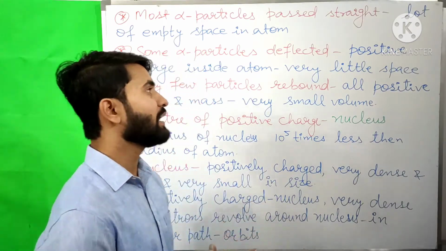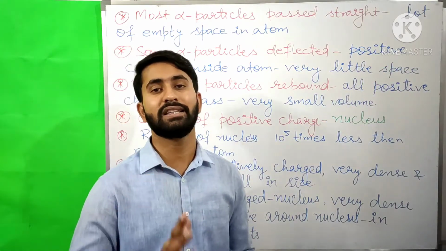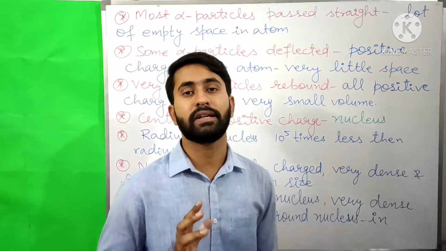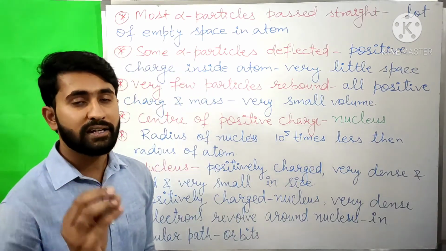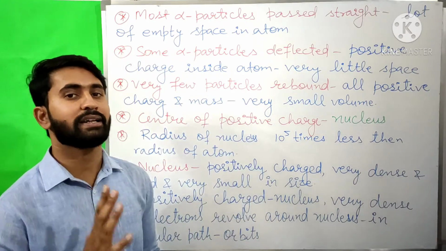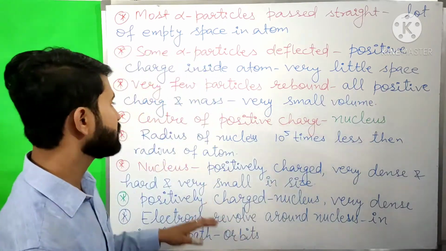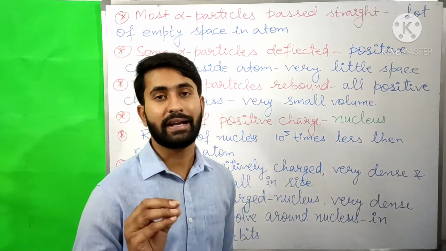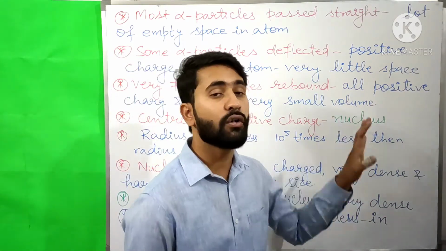So it means that the positive charge present inside the atom is present in a very little space, and the very few particles that rebound, or get deflected by 180 degrees, mean that all the positive charge within an atom and the mass of an atom lies within a very small volume.